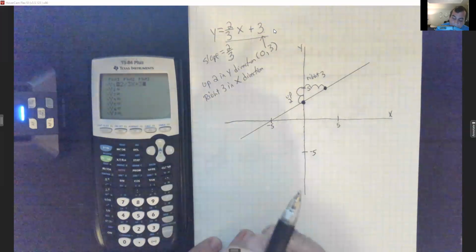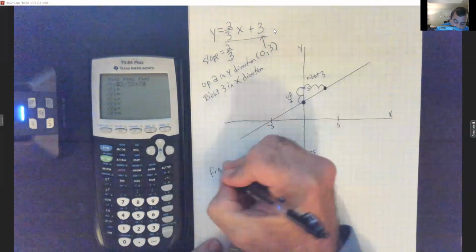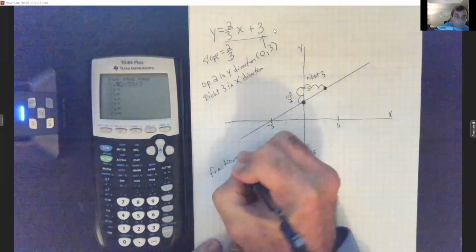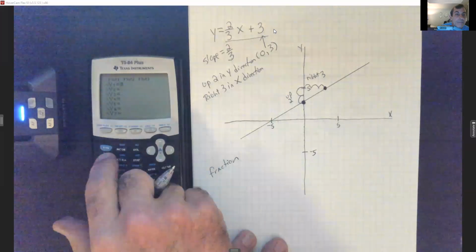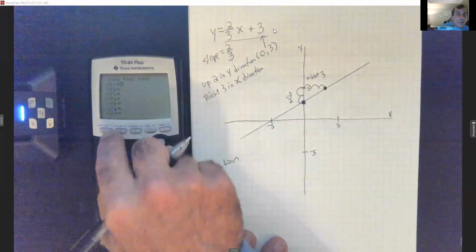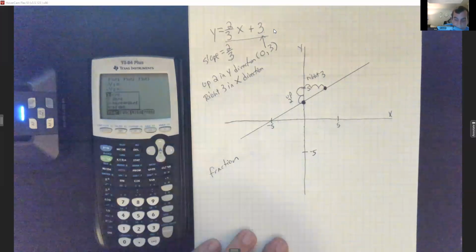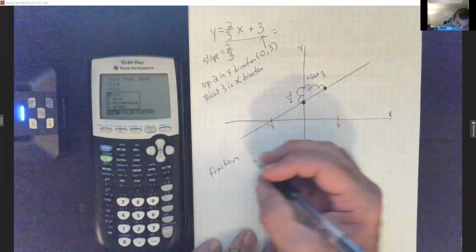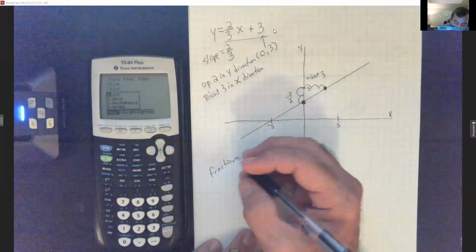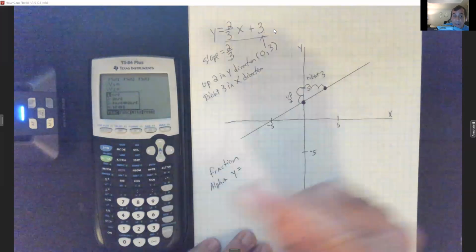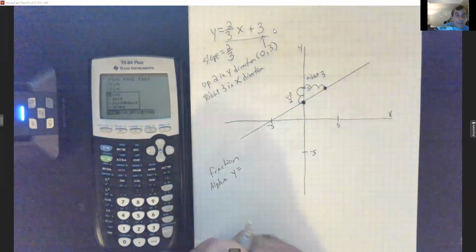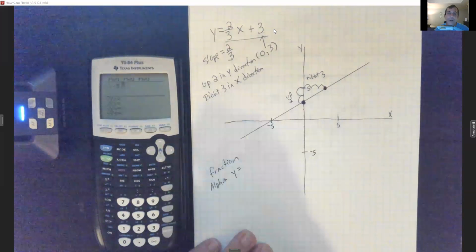Another way to put the fraction in is to use the fraction template, so watch what I do. I'm going to clear that. I hit the alpha button, and then y equals. That brings up a list. ND means numerator denominator style, so I just hit enter for that. And look, it put a fraction there.